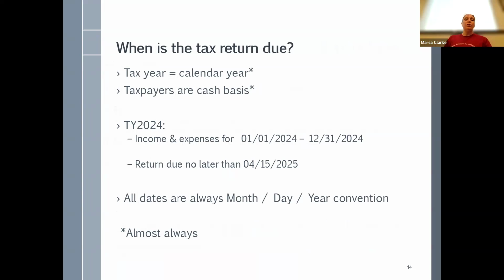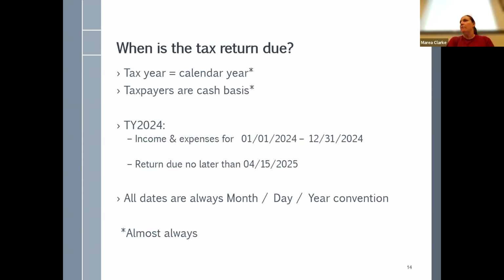What does the tax return do? So taxes are done on a calendar year basis, and taxpayers are cash basis, for any finance and accounting folks out there. This is not a legal requirement by law that they have to be a calendar year cash basis taxpayer, but the general way most people do it is that way.